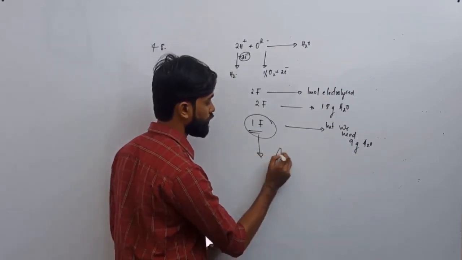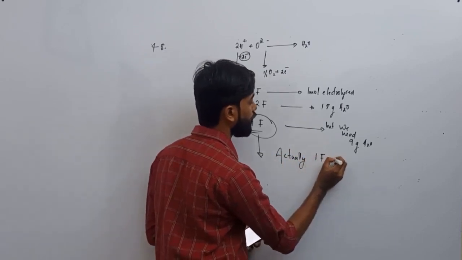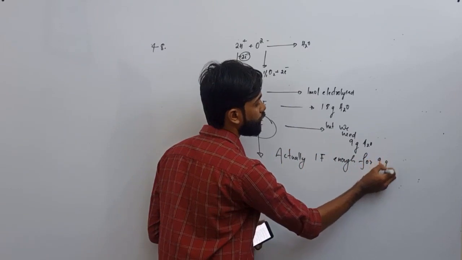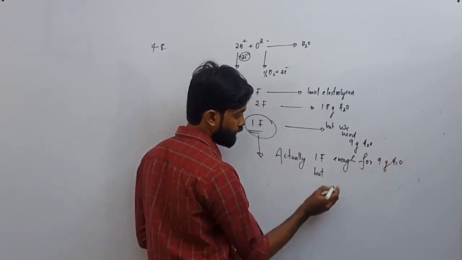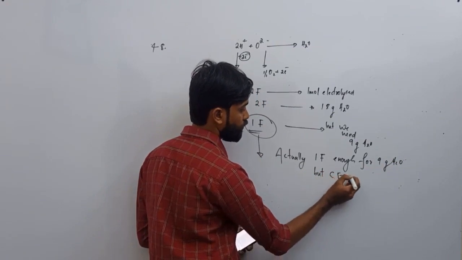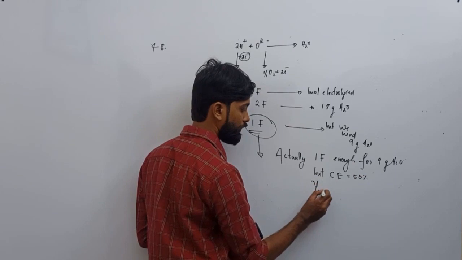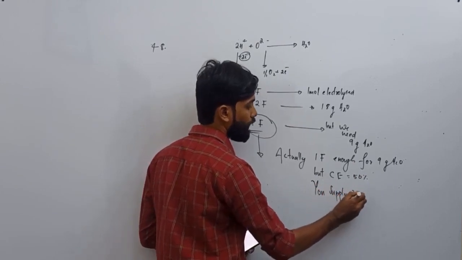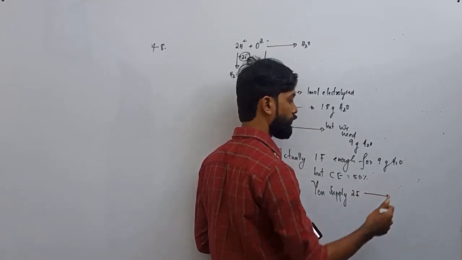50%. So listen here. Actually, 1 farad is enough for 9 gram, right? But current efficiency is 50%. Therefore, you want to supply double the amount, 2 farad.